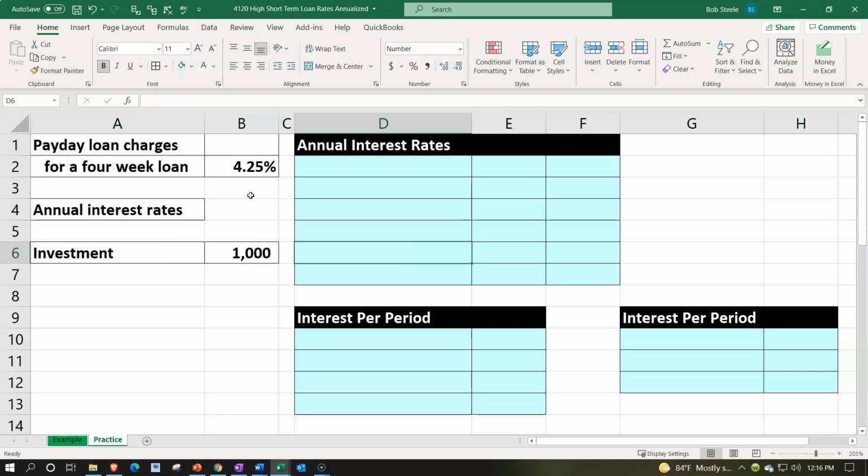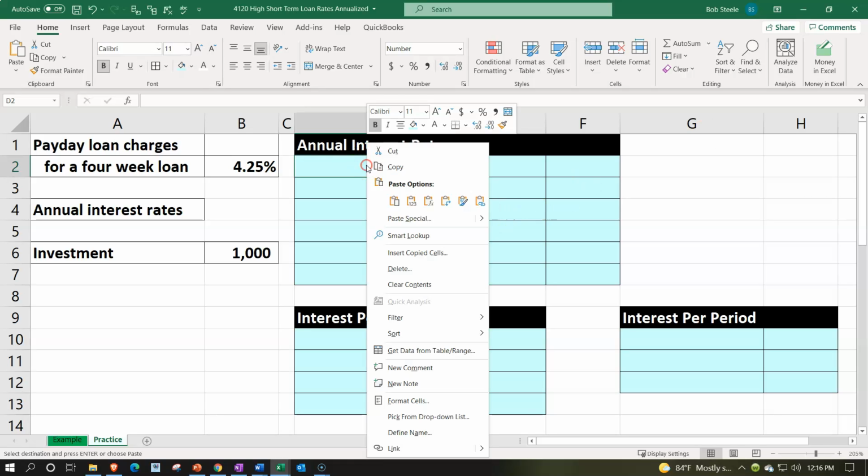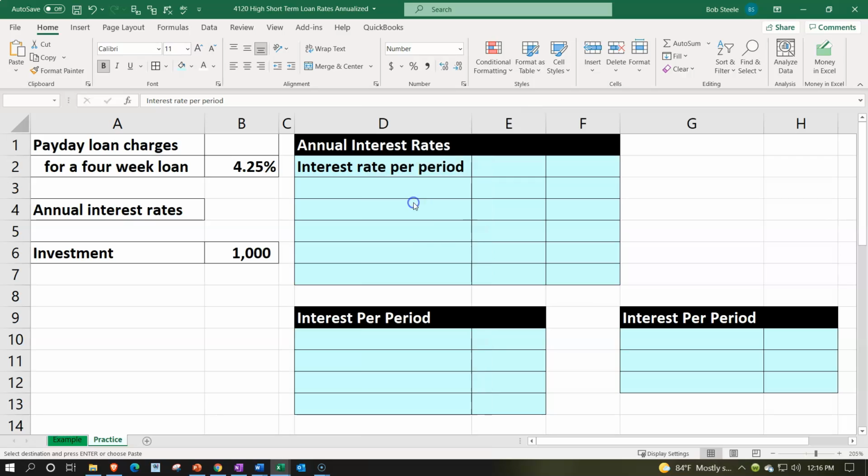We can annualize it without any kind of investment or actual dollar amount taking place, and then it's often useful to look at a dollar amount. So let's first annualize it. And this is often done with any kind of interest rates; oftentimes the regulations will require people to give the annual rate as well, because that allows people to do the proper kind of comparison.